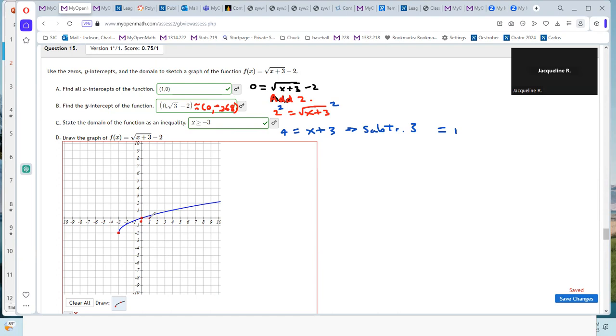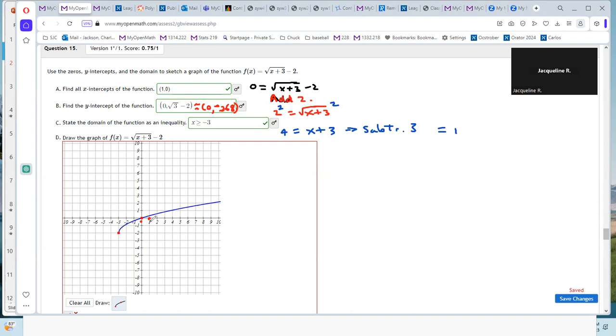And as we said, (1, 0) is there. The domain does start at -3, but when you used the square root graphing tool, you probably wanted to use that (1, 0) instead of (0, 0).